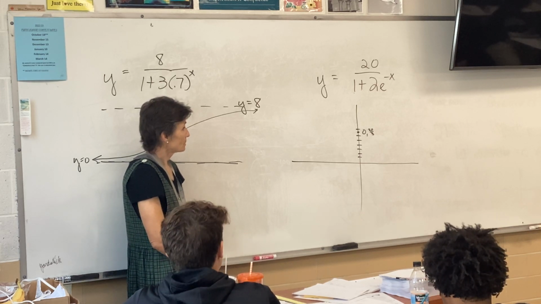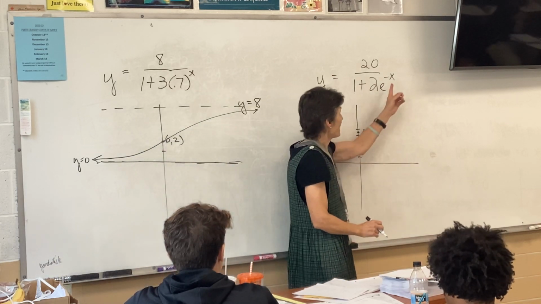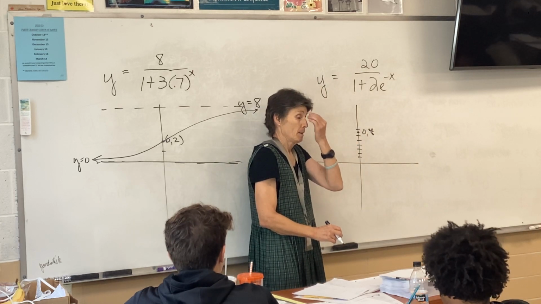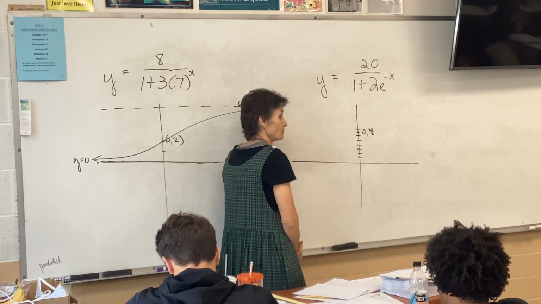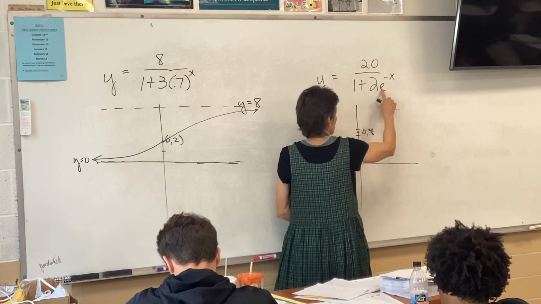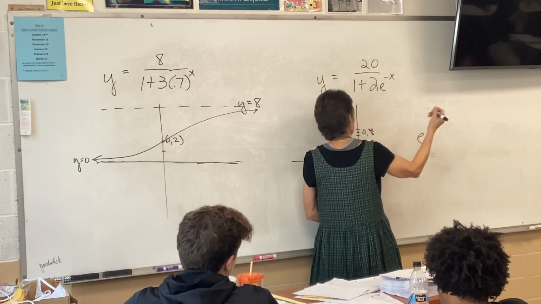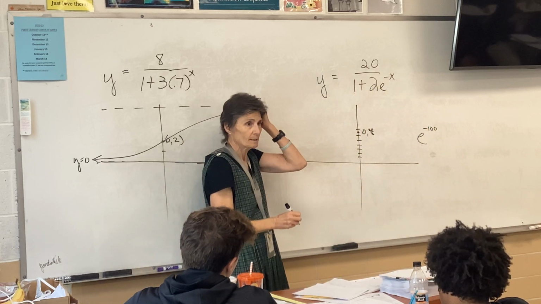All right, now let's ask ourselves what happens as x gets really, really big. We're going out this way, so it's like e to the negative 100. What's e to the negative 100? Super small.